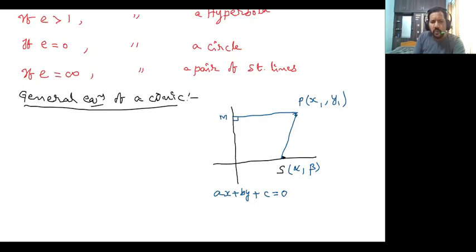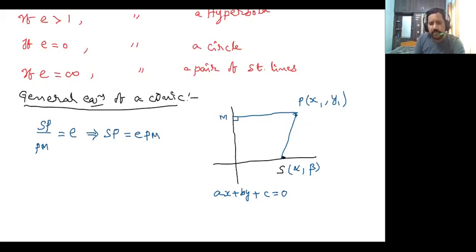Now, what is the condition in conic section? SP by PM is equal to E. E is here the constant, and finally E is called eccentricity. Now see here, take cross multiplication. SP is equal to E times PM. What is SP?